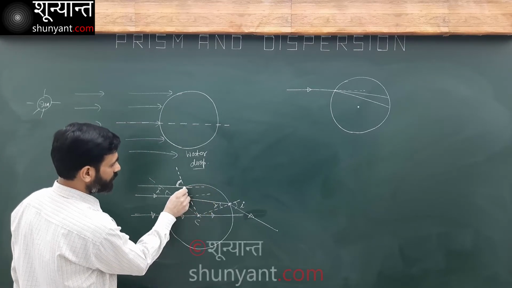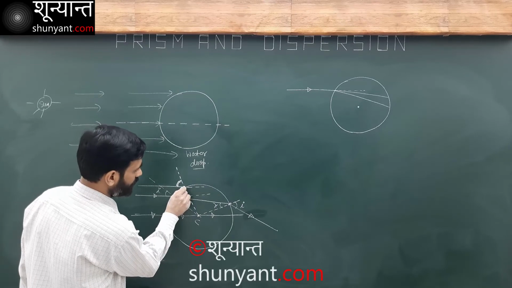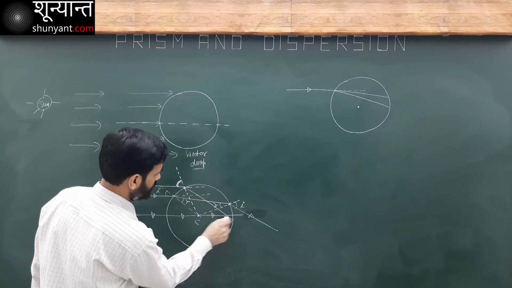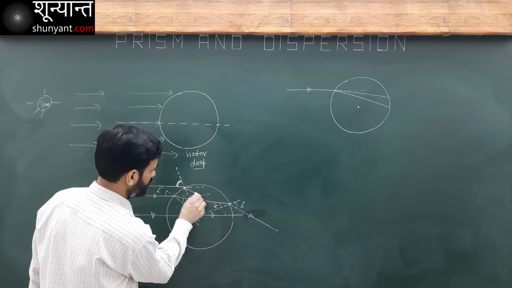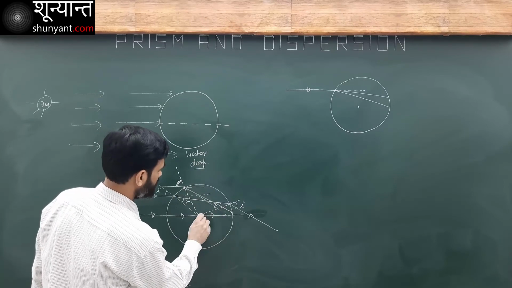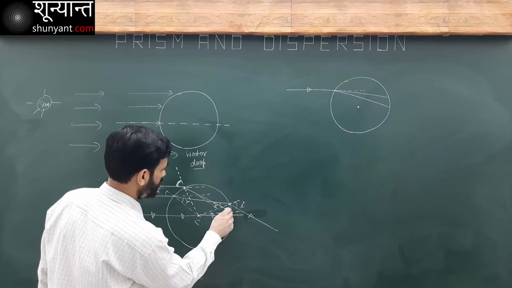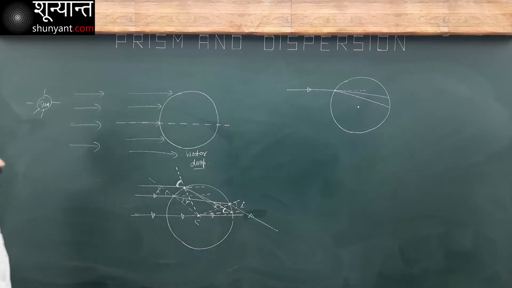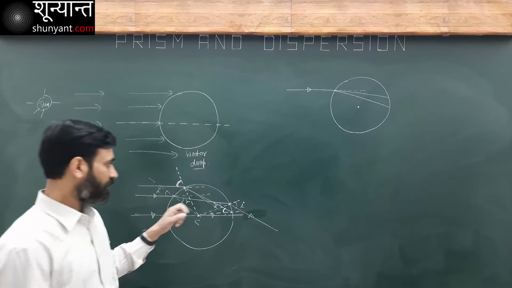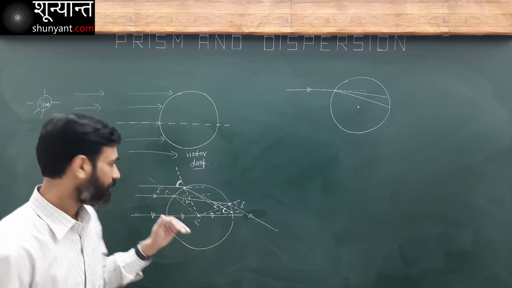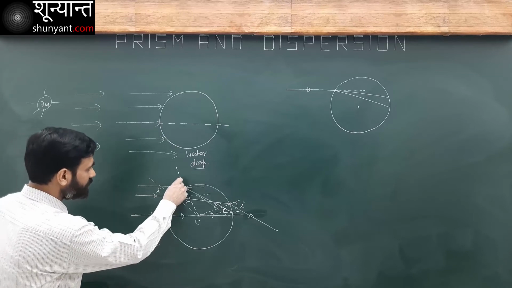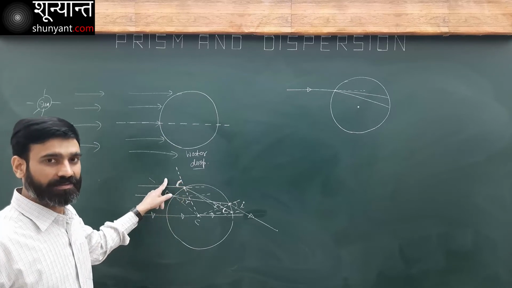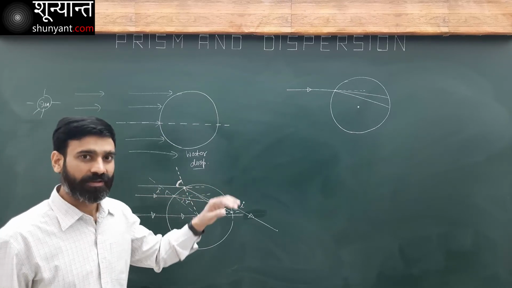It will be something like this here, not here, but maybe here. This angle will also increase. Do you see this? Are you able to understand? It should not be difficult. As I move above, this angle of incidence is increasing, so angle of refraction will also increase.